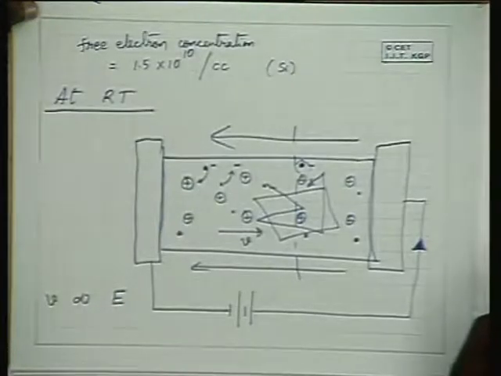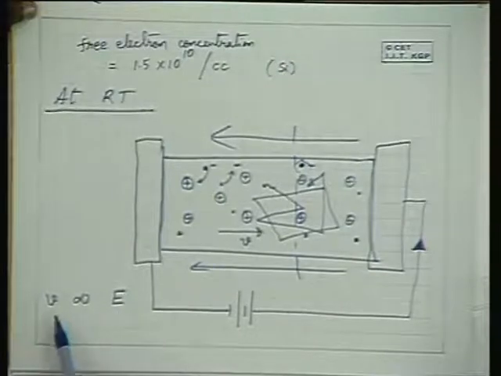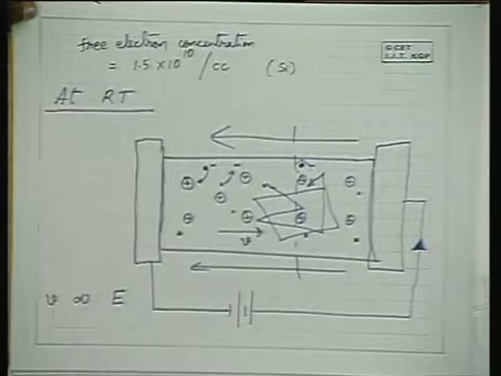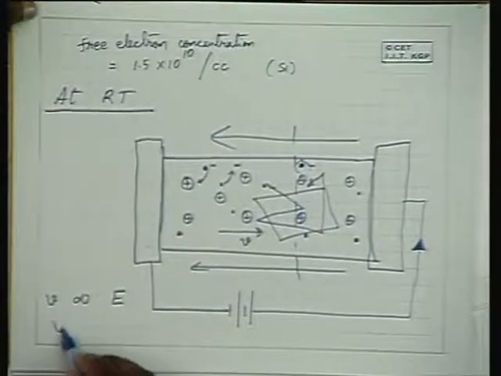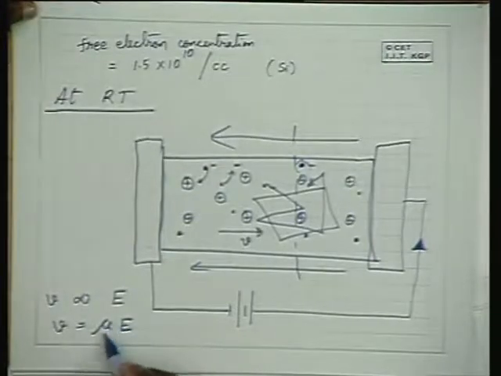Unlike a massive body in free space under the influence of force, this possesses a constant net speed, which is proportional to the field, and the proportionality constant is usually denoted by mu, so that velocity is equal to mu into the field.